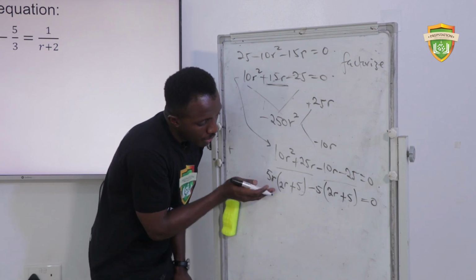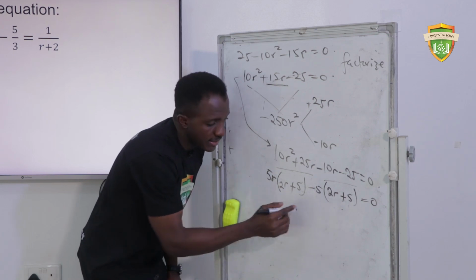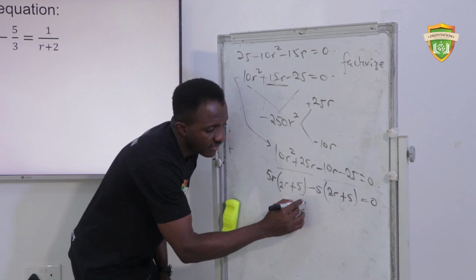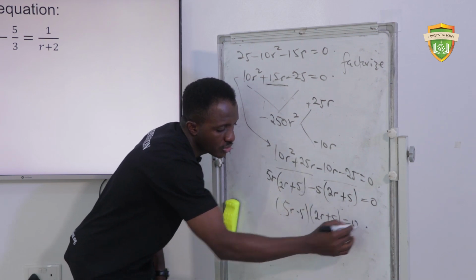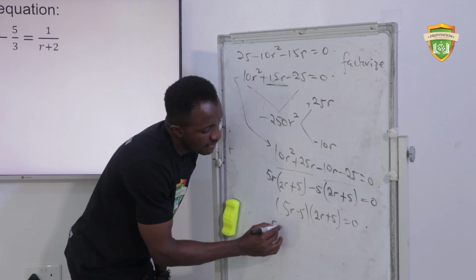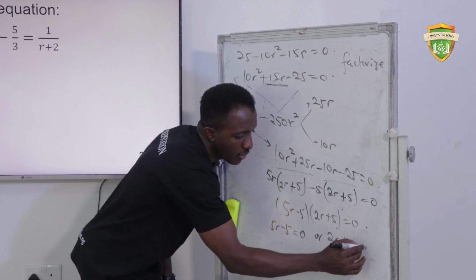Now let's go. So we bring these ones outside in the bracket and we pick one of these two brackets. So we have 5r minus 5 times 2r plus 5 equals to 0.